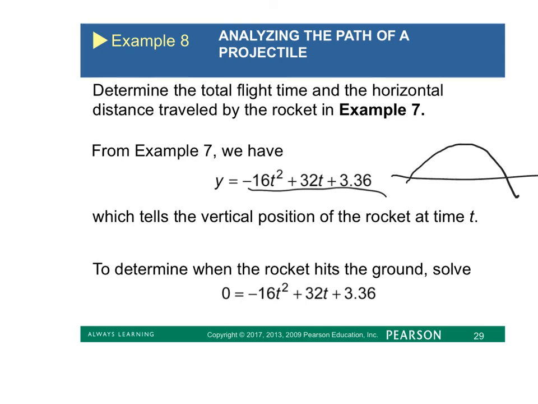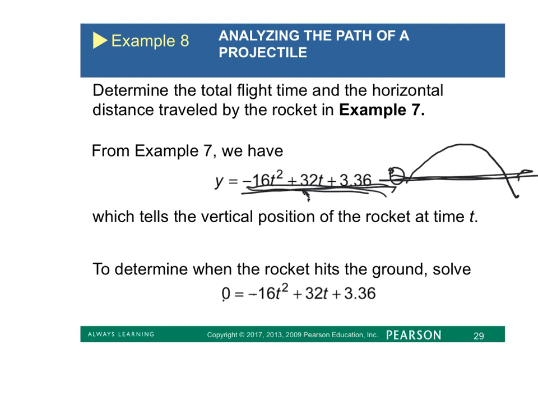So for any quadratic equation, find out what time values that the y value is 0, because that's the ground. So we take this quadratic, set it equal to 0, and we solve it using a calculator or quadratic formula.